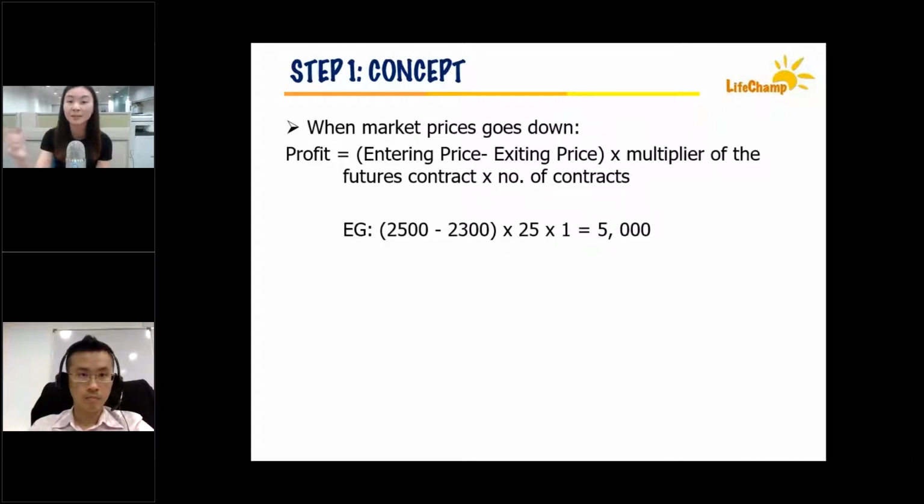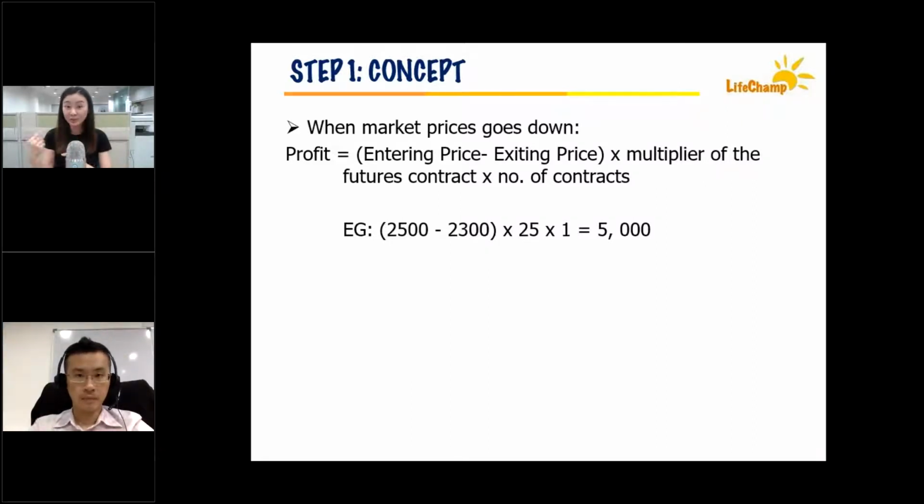So we talk about if the market goes down: entering price minus exit price times the multiplier of the futures contract, the contract size, the tick value, times the number of contracts. So you short at, let's say, 2005, and then price indeed goes down to 2003.